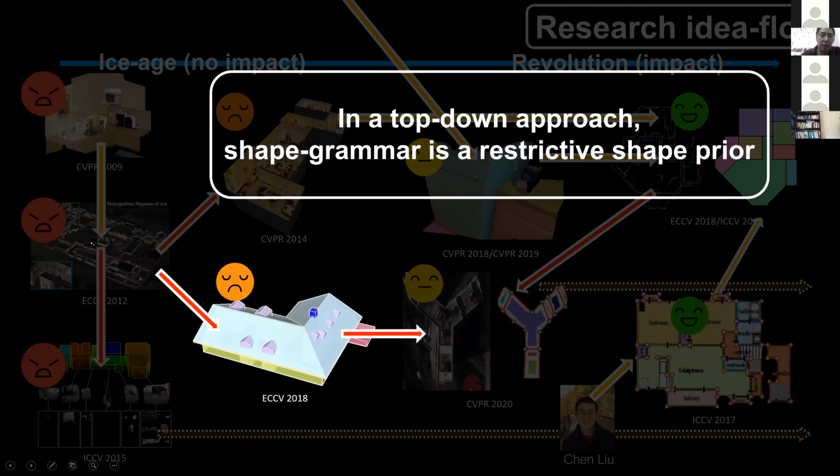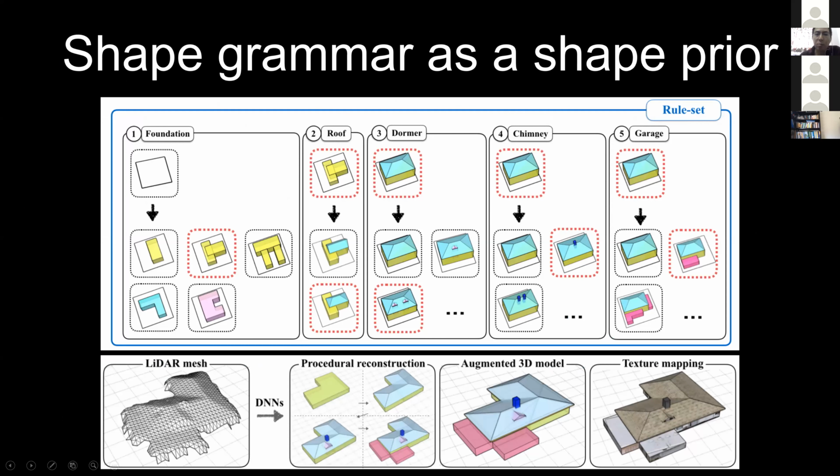Now, starting from this, we realized, yes, top-down is great. So let's use top-down to do some research here, which unfortunately doesn't have an orange outgoing arrow. Shape grammar is a great invention from the graphics community. It defines a set of rules defining how, say, residential houses are formed. Say the first rule takes an empty land, then picks a foundation type, say consisting of 1 rectangle, 2 rectangles, 3, or L-shaped or U-shaped.